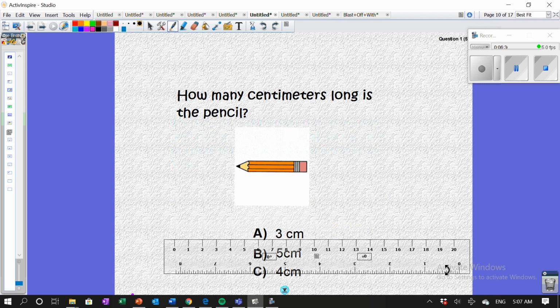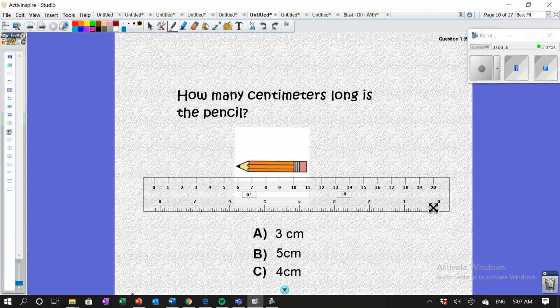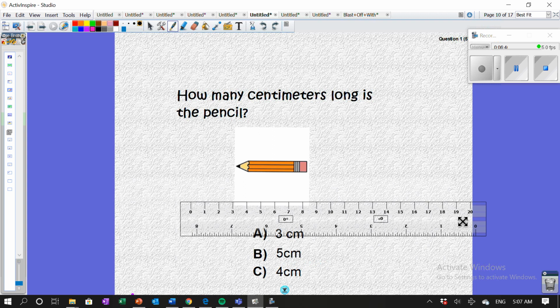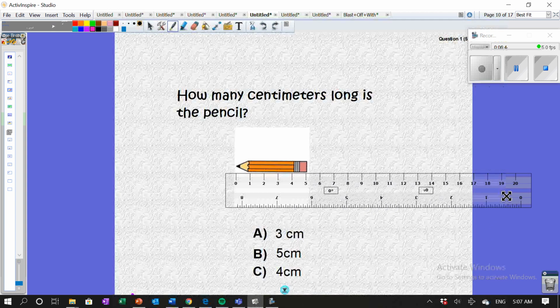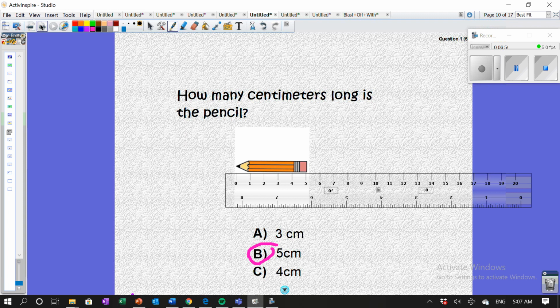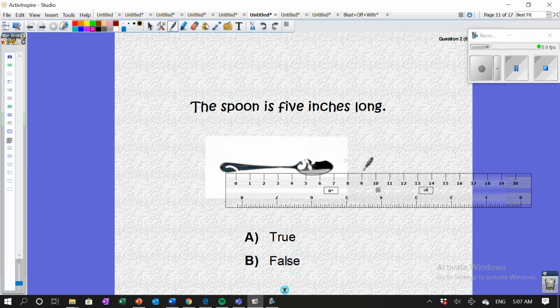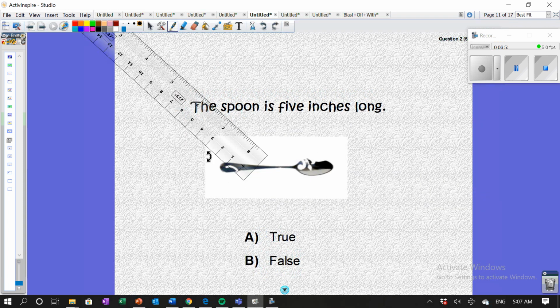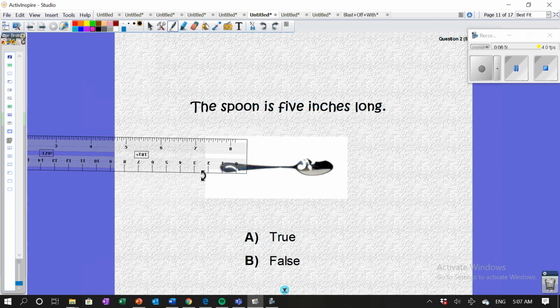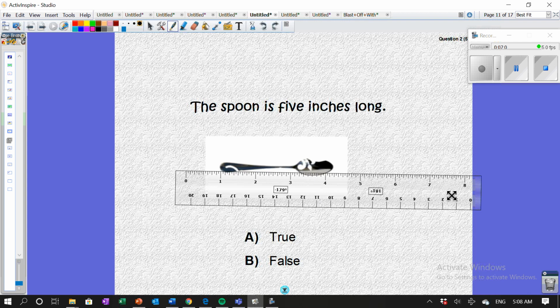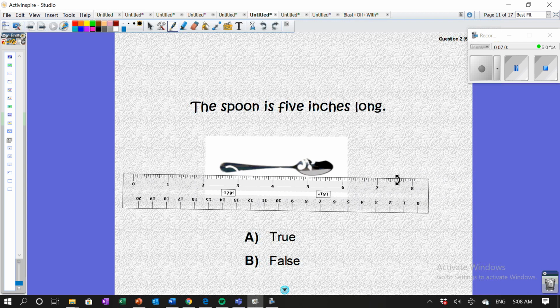Now here is a little bit of a quiz for you. How many centimeter long is this pencil? So again, I will start from 0, and then it's about, very nice, it's about 5. What about the inches for the spoon? I have to switch the ruler to the other side to measure it with inches and start from 0.